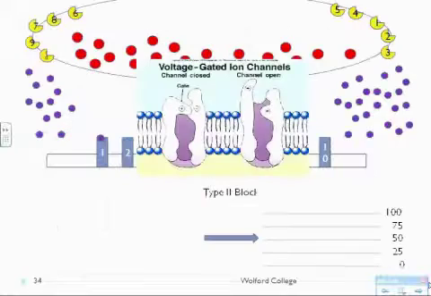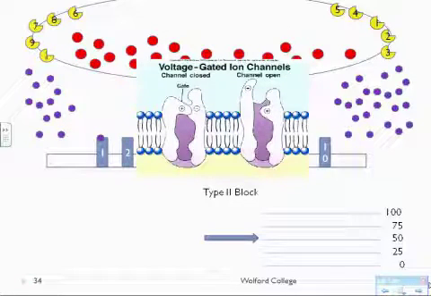Now let's take a look here. These are voltage-gated calcium channels that I've added to your drawing, and that's in yellow. So these yellow guys up here, which we named 1, 2, 3, 4, 5, 6, 7, 8, 9, those are all voltage-gated ion channels that are presynaptic, and they are assisting me in releasing the actual acetylcholine molecules out of the presynaptic site.